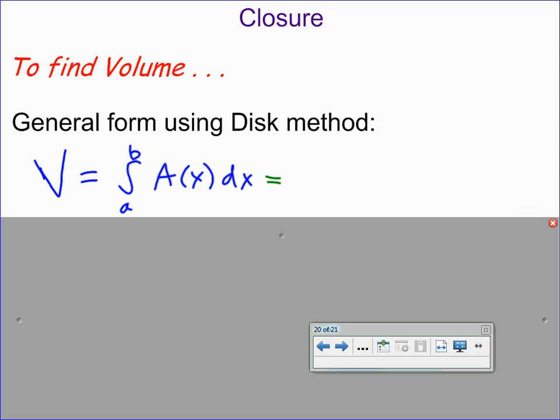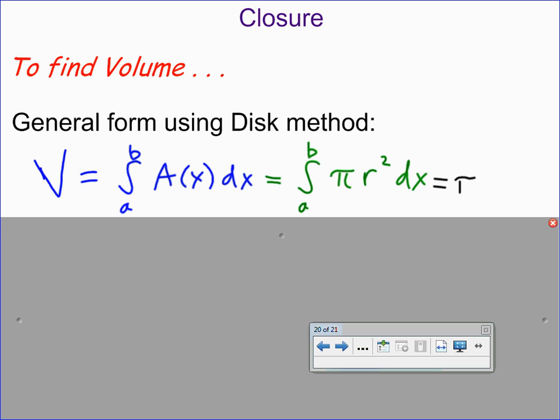what form does my area function always take on? Well, it always takes on a circular cross section, and so we always have pi r squared. And on multiple choice items on the AP exam, oftentimes you'll see this pi written out front of my integral symbol.